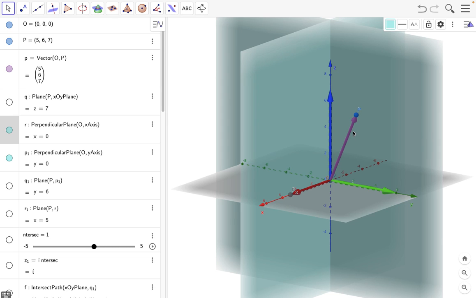If it is along the x axis, that means it is the x component. If it is on the y axis, it is the y component, and if it is up to the z axis, it is the z component. Okay. So, we can show it.